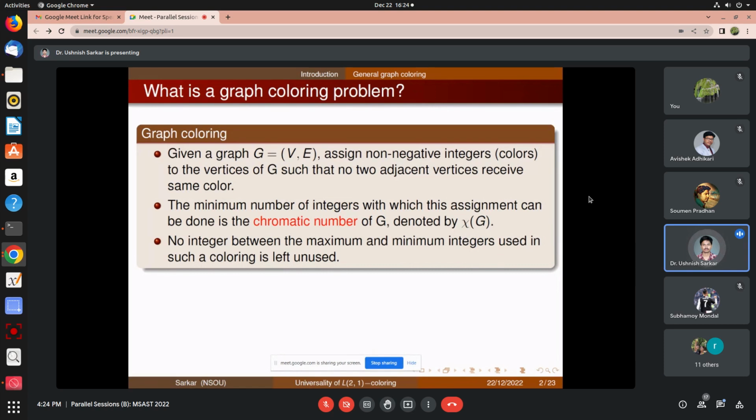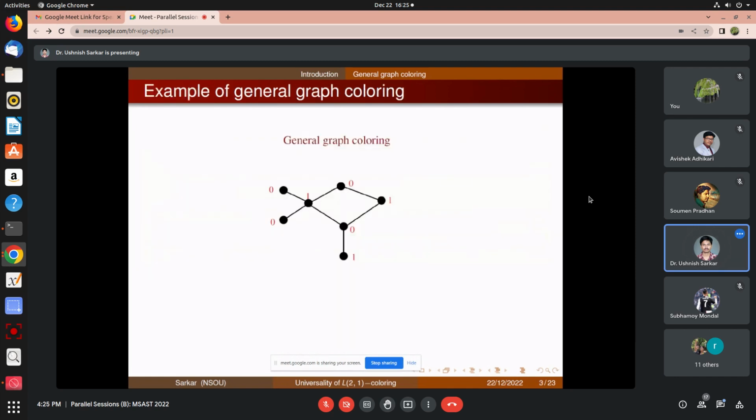Now, another salient feature of this general graph coloring problem is that no integer between the maximum color used and the minimum color used is left unused. Suppose I am starting from a minimum color 0 and I end at the maximum color 5, then for an optimal coloring, all the colors in between, so 0, 1, 2, 3, 4, and 5, should be used.